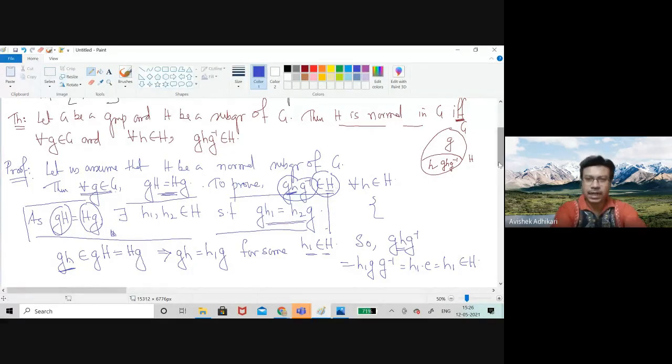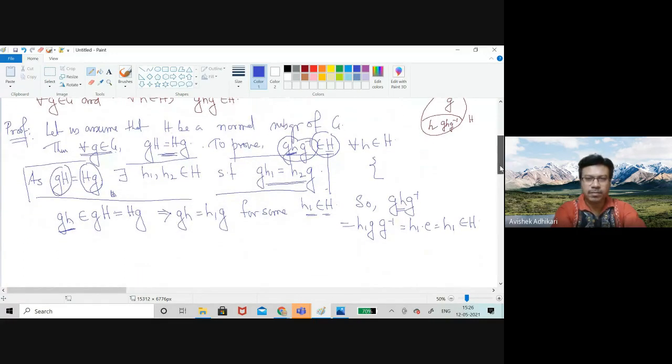So we started with the fact that H is a normal subgroup, and ultimately we have proved that g h g inverse belongs to H for all g belonging to G and for all h belonging to H.